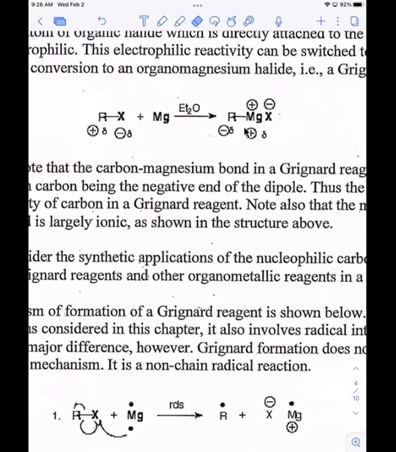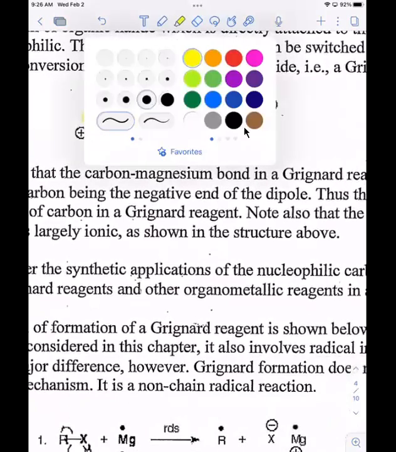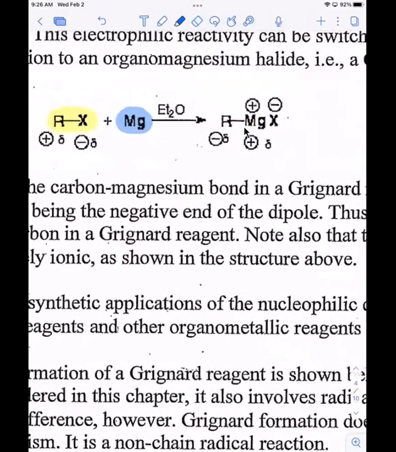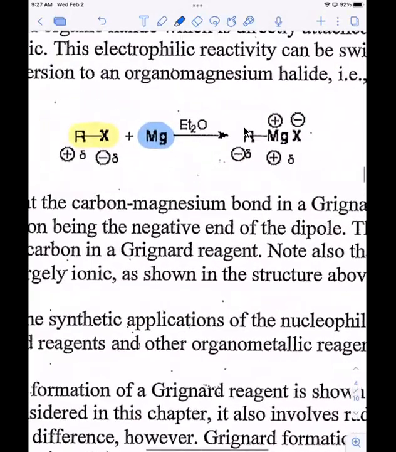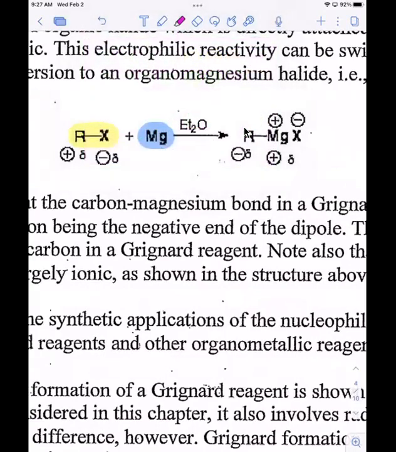So with the Grignard, you have again an alkyl halide. You have magnesium metal. When you react those two together, this has to be under anhydrous conditions. So you have to have some inert aprotic solvent. In this case, it's ether.